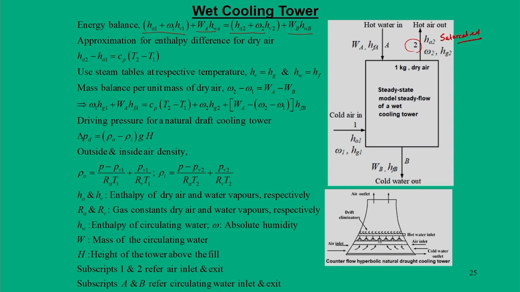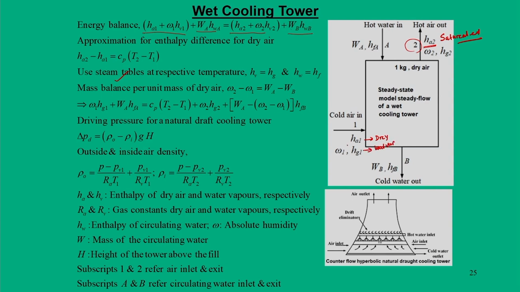So, considering this, most of this data for a given problem can be obtained from the steam tables and using these equations. The other approximation when you do this air analysis concerns the enthalpy difference, because this air has a dry part, and the other part is water vapor.